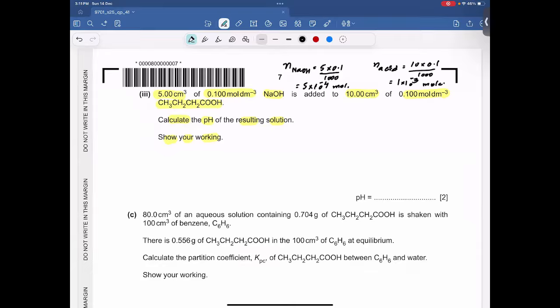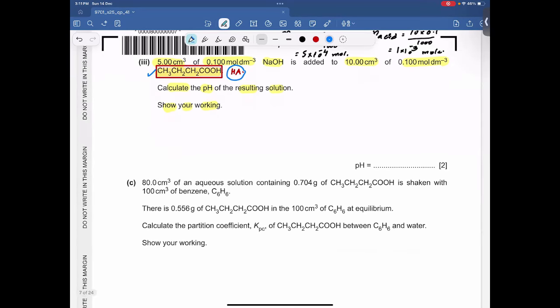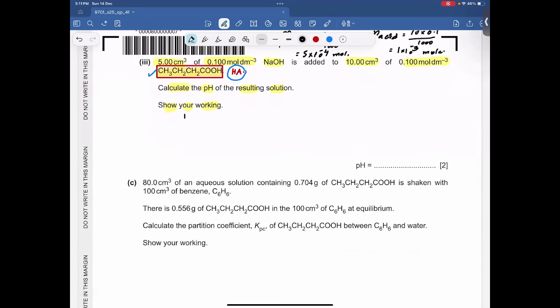Okay. Now this butanoic acid is a weak acid, and according to my lecture, all weak acids are generally represented by HA. So in order to make an equation, I'm going to use HA instead of this formula, okay? So HA, that is butanoic acid, is reacting with NaOH, converting into salt and water.